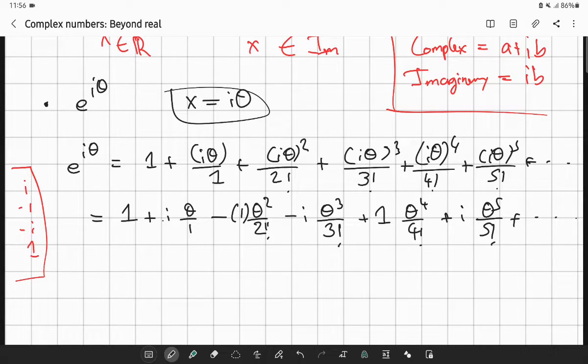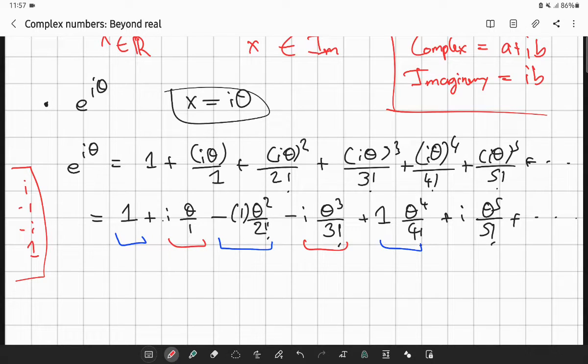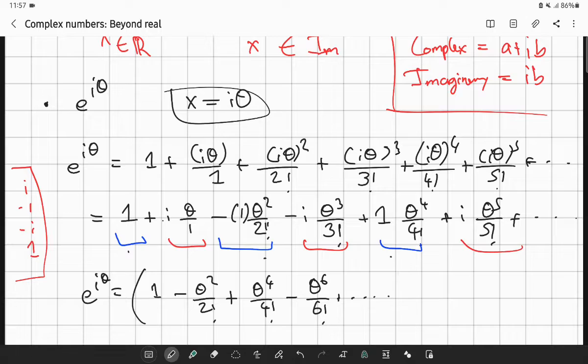Now, here comes the punchline. I want to combine the real parts, the real variables in here, and I want to combine the complex parts together separately. So what will e raised to i theta be? If I take the blue ones in here, I'll have 1 minus theta squared over 2 factorial plus theta raised to 4 over 4 factorial minus the next term, I claim, will be theta raised to 6 over 6 factorial, and so on.